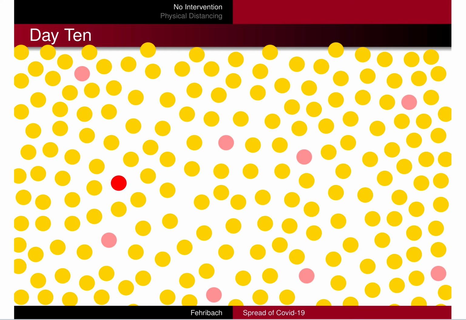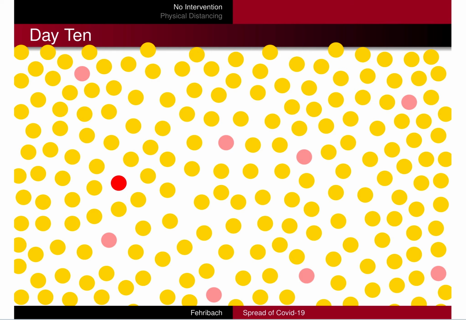So whether or not this person realizes why they're feeling sick, this individual gets to be the first person in the community to actually show symptoms. But notice that we are already up to 9 total people infected in the community. If I've counted correctly, there are now 9 yellow dots, and we are 10 days in.